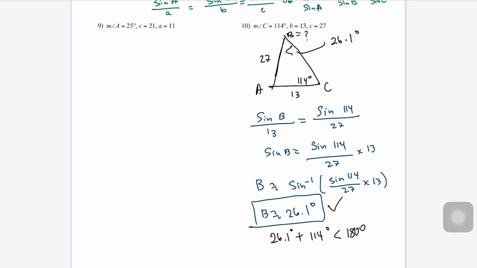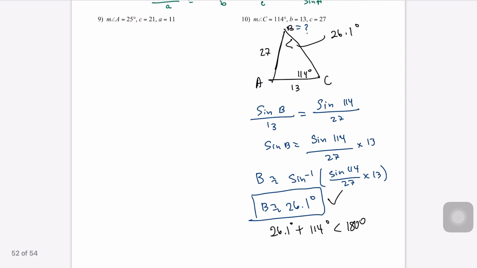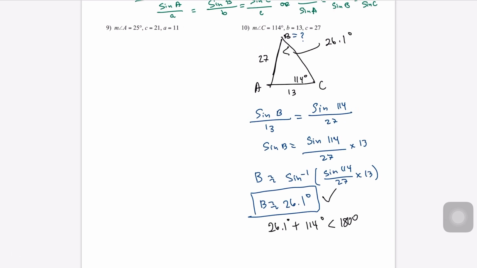And now, before we go any further, let's go ahead and check to see if there's another possible triangle. So with that being said, we take 180 and we subtract the 26.1. So 180 minus 26.1 leaves us at 153.9.